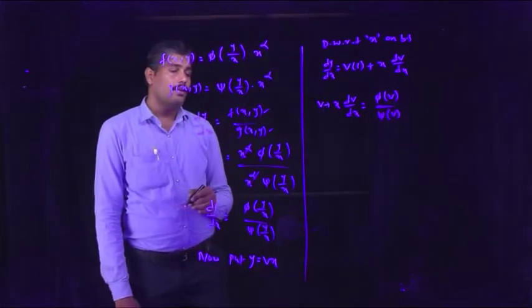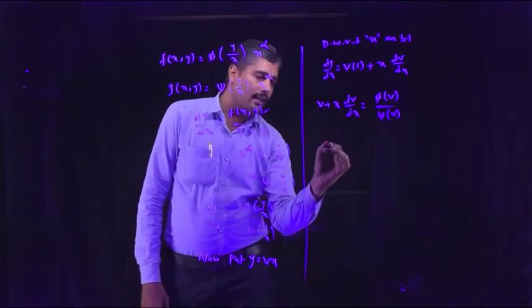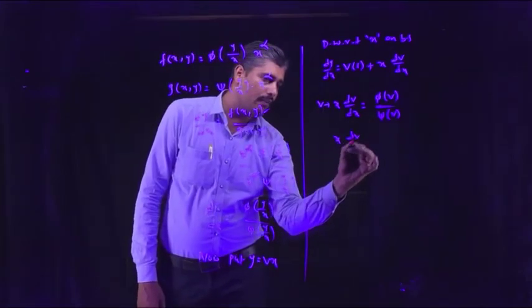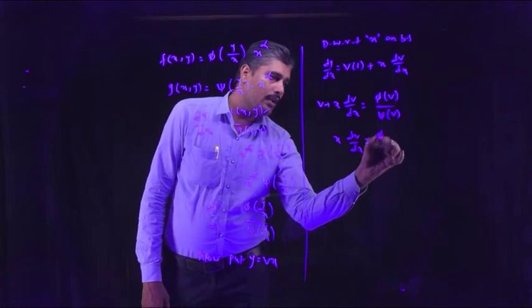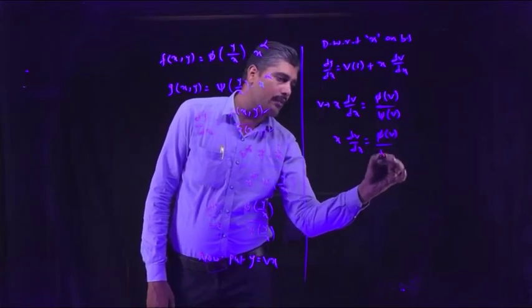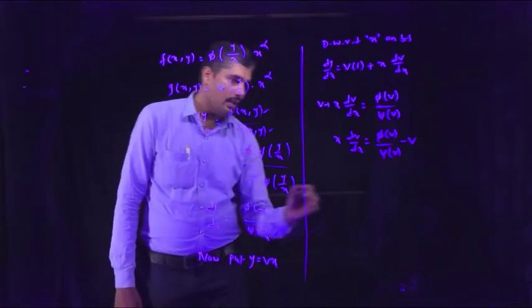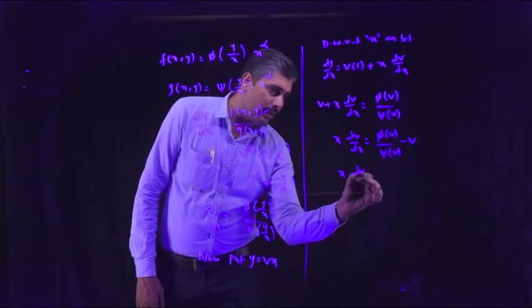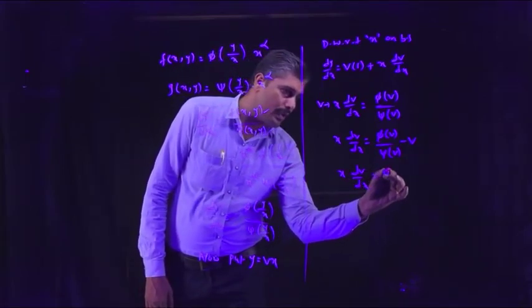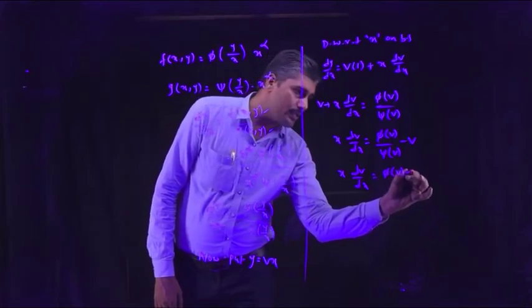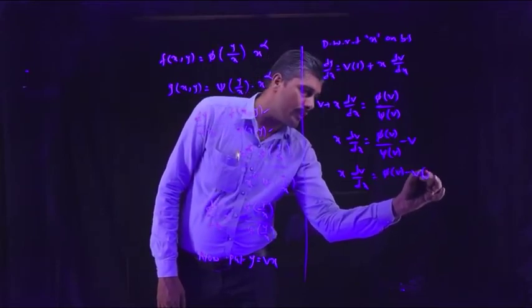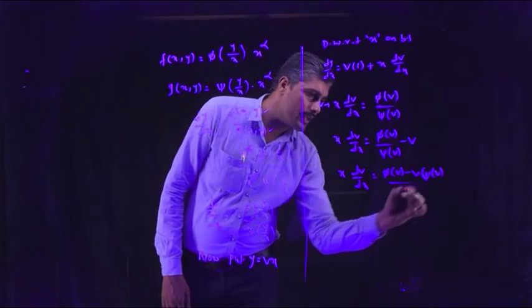Then after, we take v to the right side, then we get x dv/dx = φ(v)/ψ(v) - v, that equals x dv/dx = (φ(v) - vψ(v))/ψ(v).